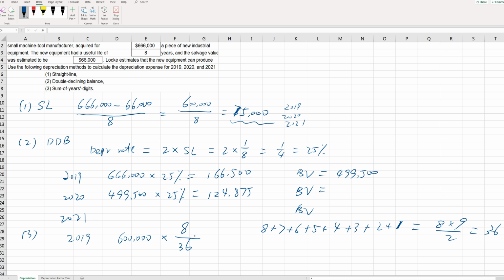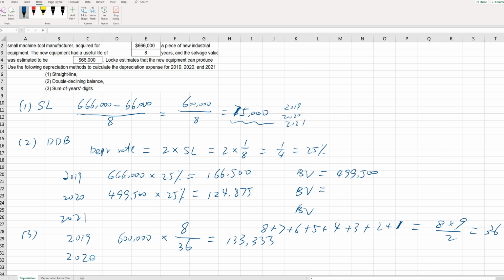If you do that, approximately, for 2019 we depreciate this much.